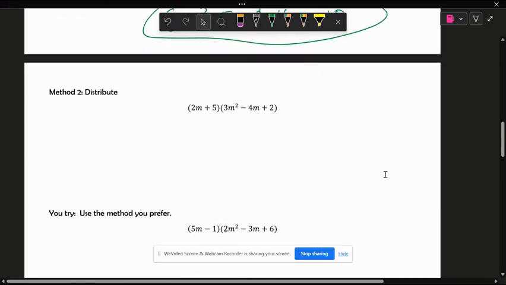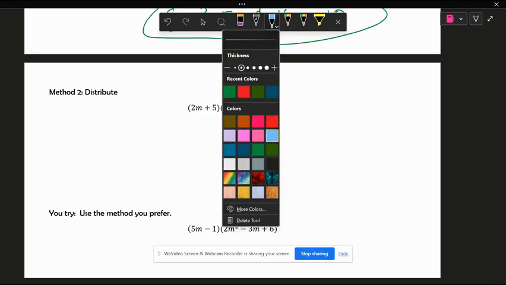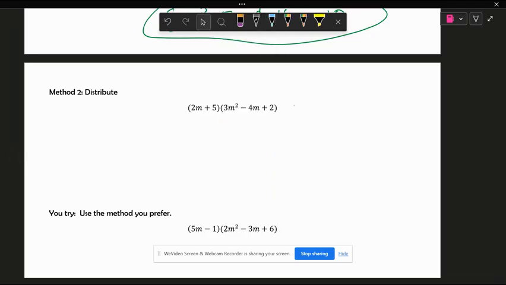Now, doing the same method, but looking at it slightly different, we can just distribute. Double distribute, because we have 2 terms times 3 terms, so we got to distribute the 2m and then the 5.